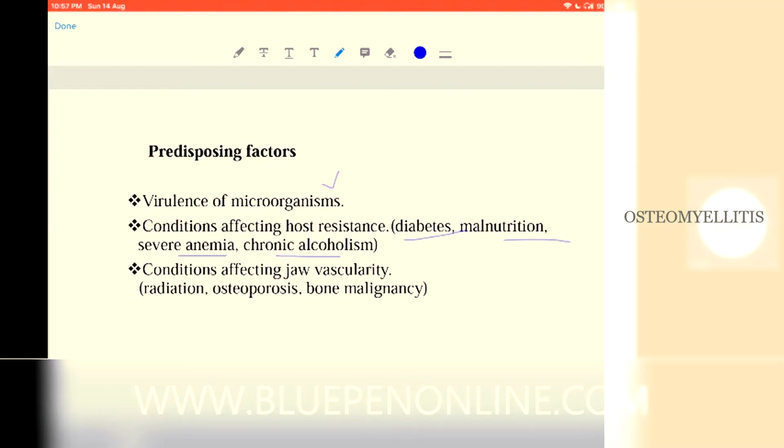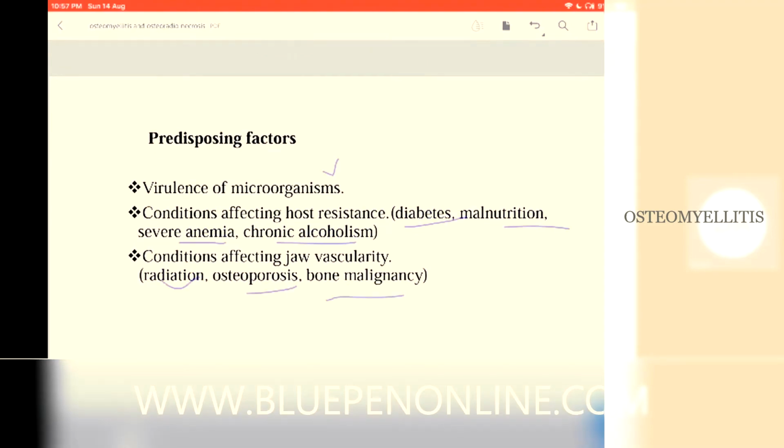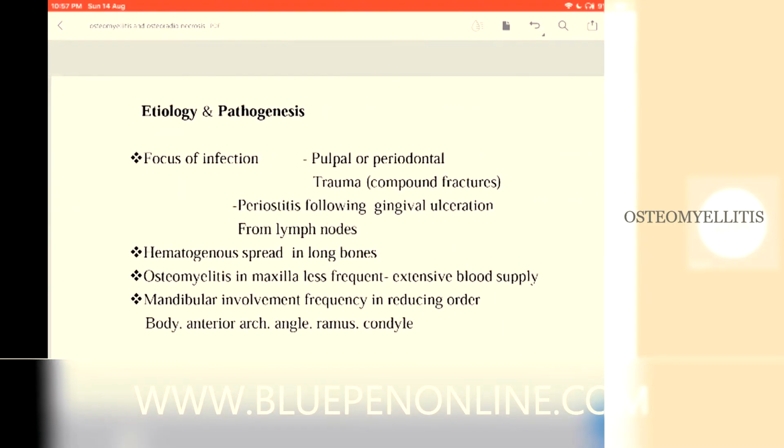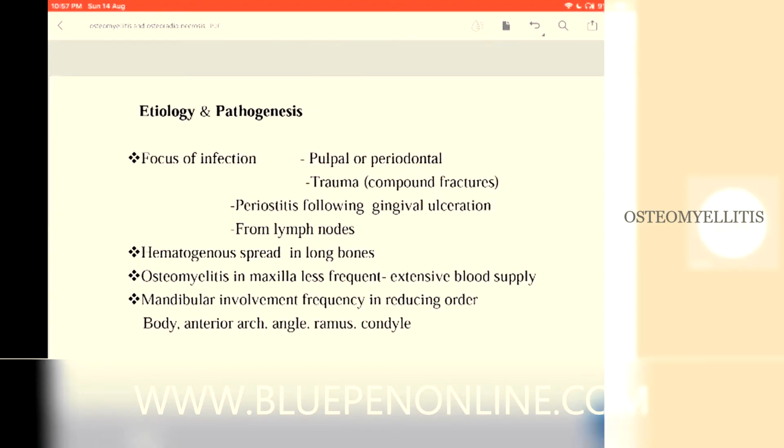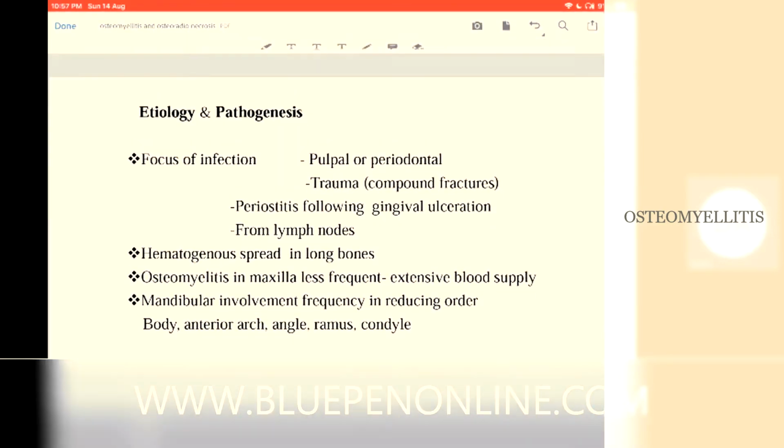These all can affect. Then the conditions that affect jaw vascularity, like radiation, if the patient is undergoing radiation therapy, or already has osteoporosis, or any kind of bone malignancy. These are all predisposing factors.